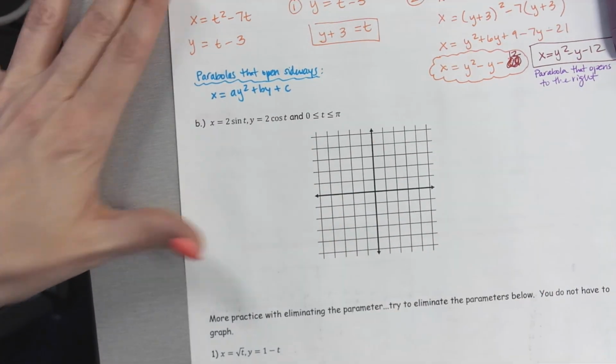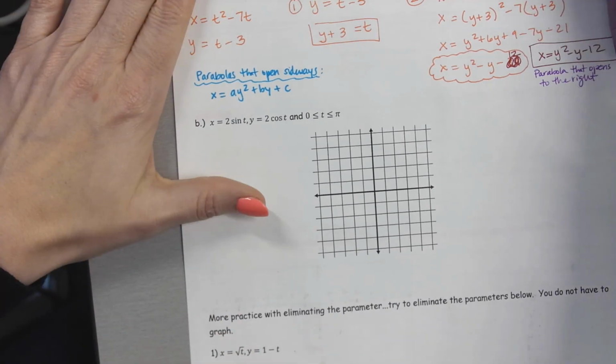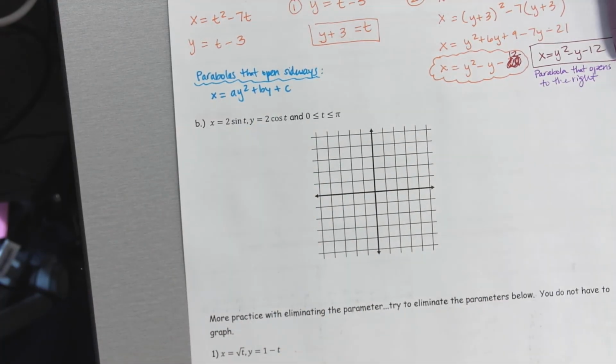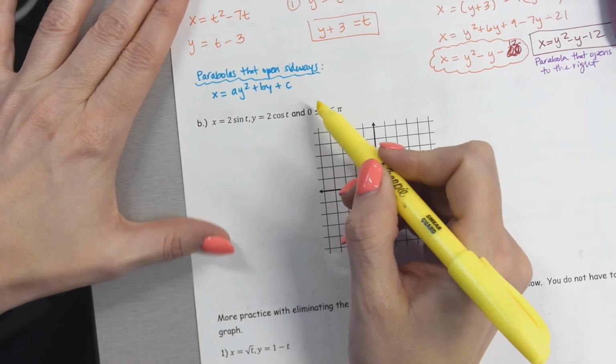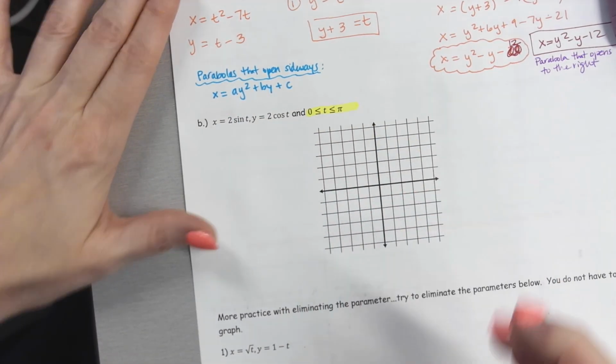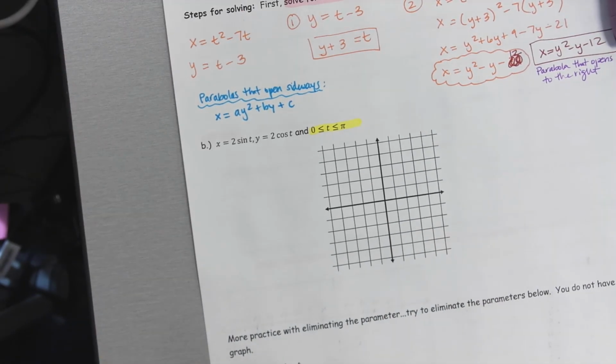Okay, and then if a is positive, it goes to the right. If a is negative, it goes to the left. All right, and then for b, we have cosine and sine back again, and we're going from 0 to pi.